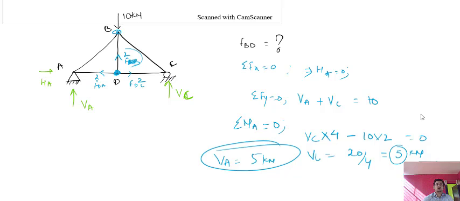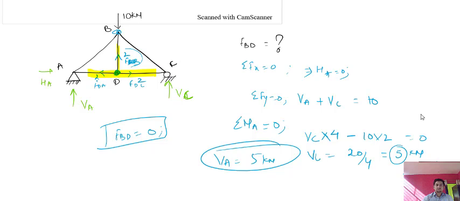So how will you calculate this? Either you use the concept that I have told you earlier, that these two members are collinear, therefore the force in the third member will be 0. That means FBD will be 0, because the two members are collinear and there is no external force at this joint. So the force in the third member will automatically be 0.